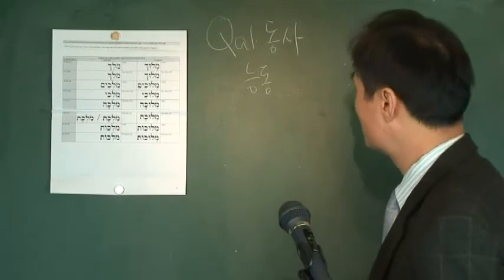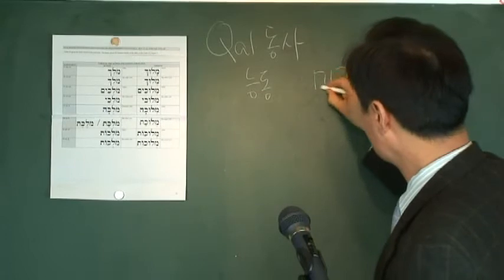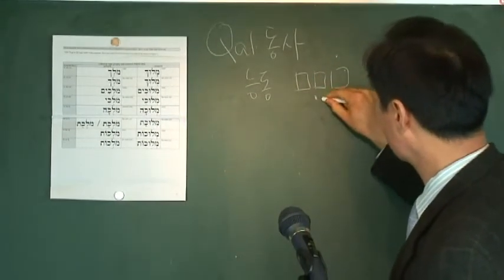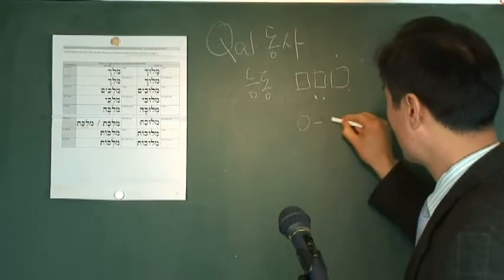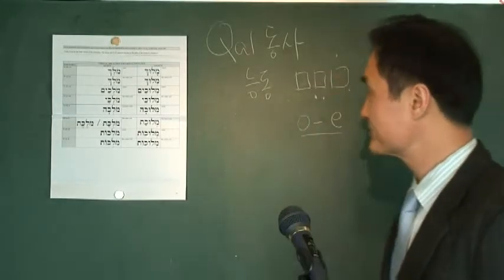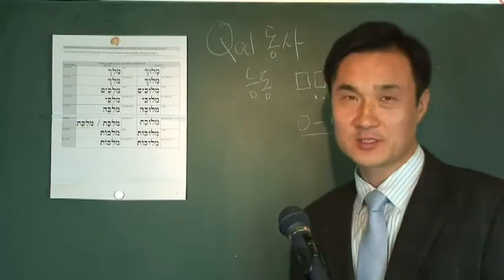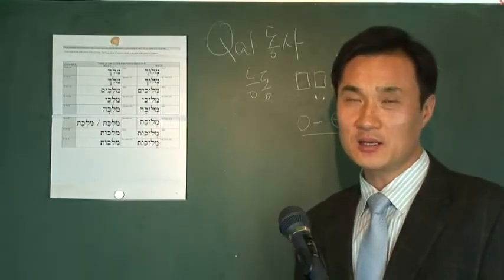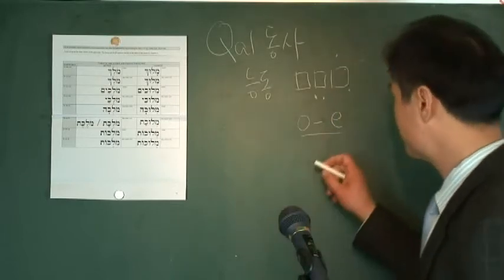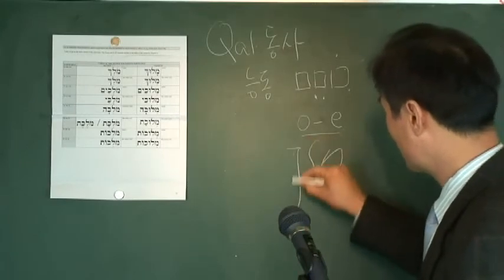The active participle of the kal verb uses o and e as the model. Hence, the active participle of the kal verb malak would be molek.